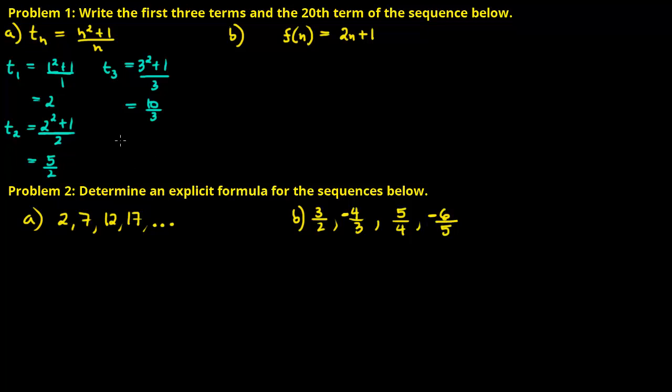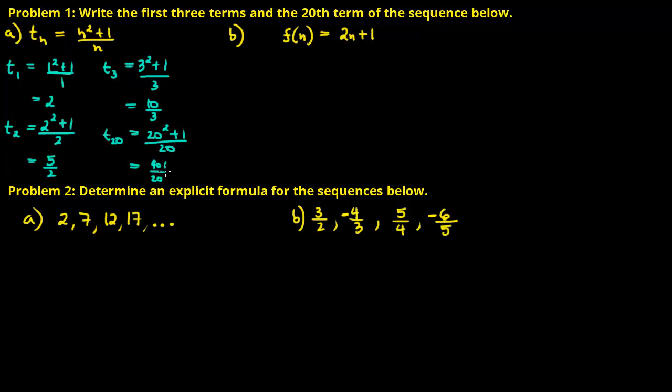And then we have the 20th term. So t sub 20 would be equal to 20 squared plus 1 over 20. 20 squared is 400. 400 plus 1 is 401. 401 over 20 doesn't simplify.